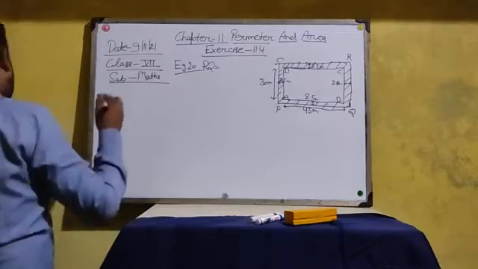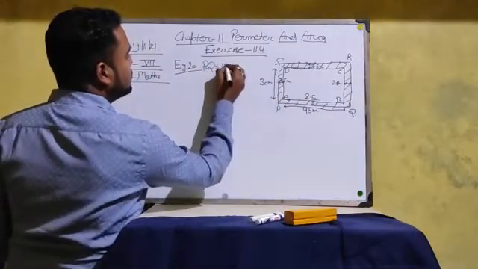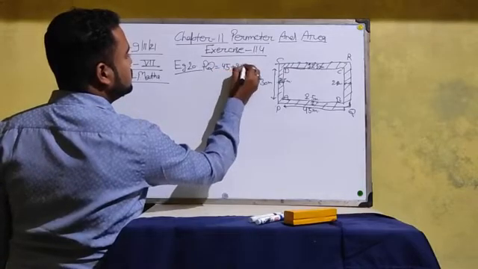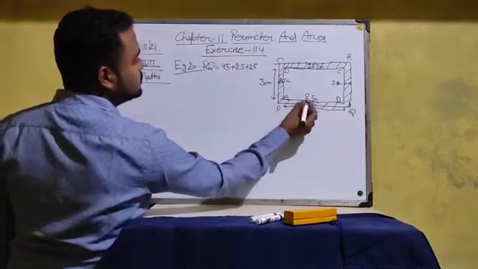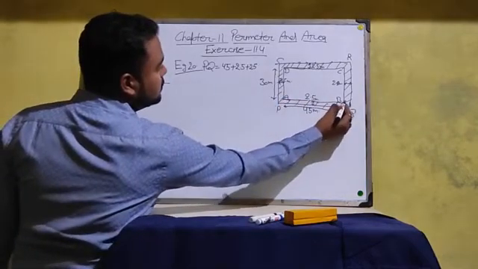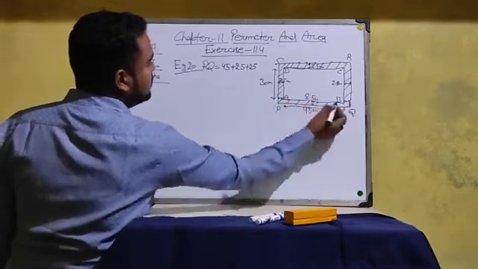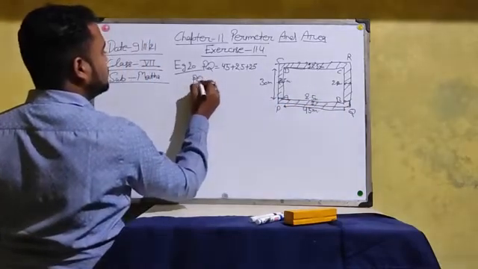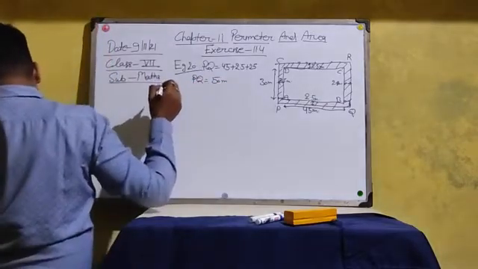So for that we have to find the outer boundary also. 45 plus 2.5 plus 2.5, the boundary of this side plus the boundary of this side and this total length. So here PQ is equal to 50 meter.